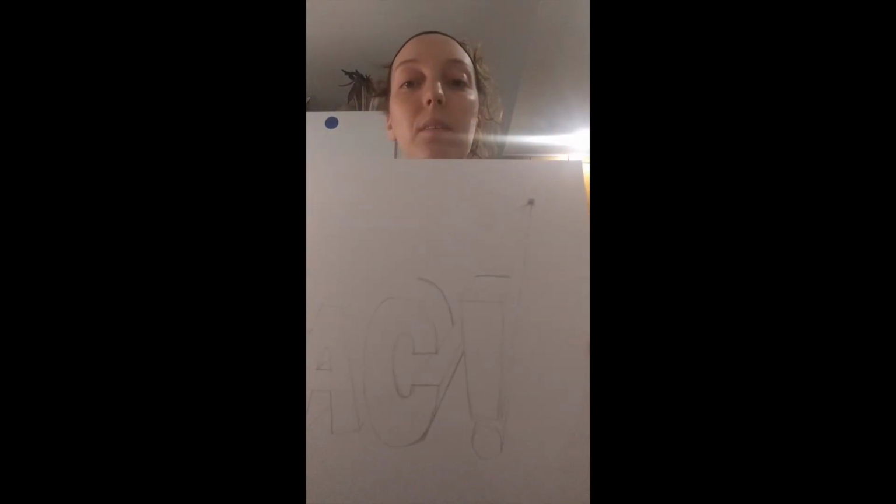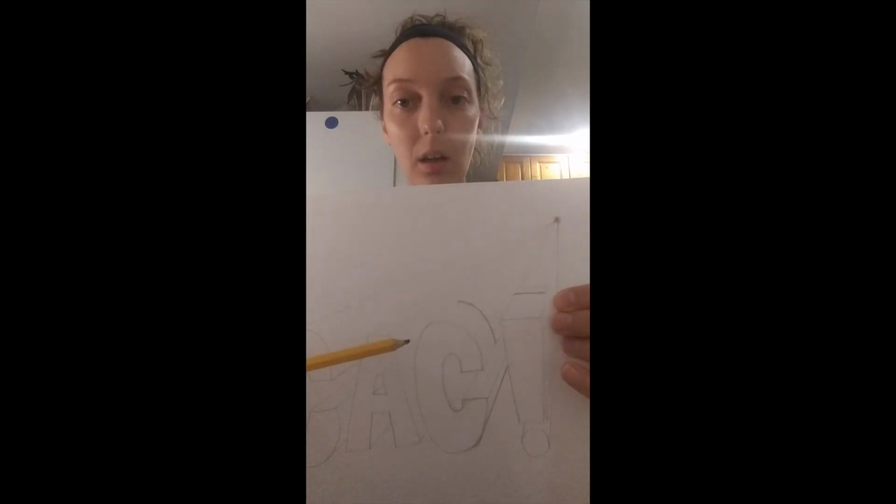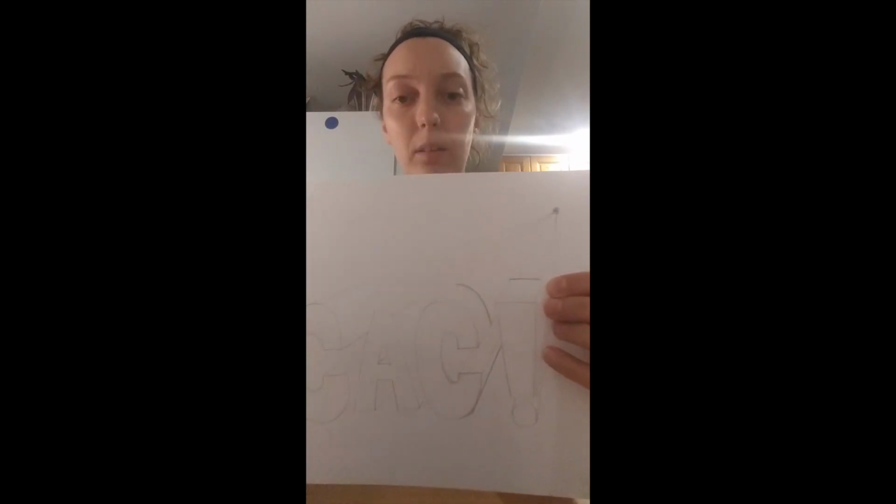Okay, if you can see that, right? And I'm going to continue along all of these lines to create that 3D pop out background a little bit shorter, like that.